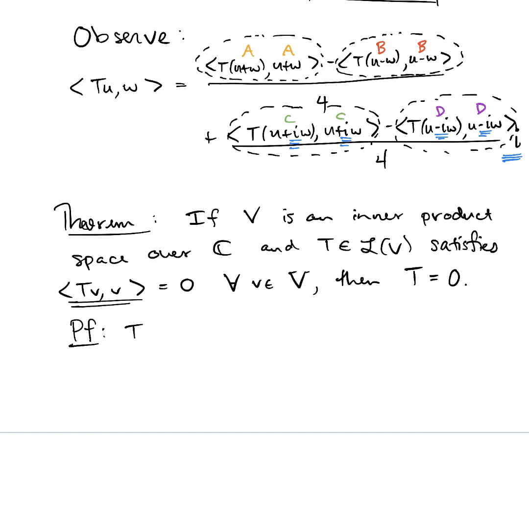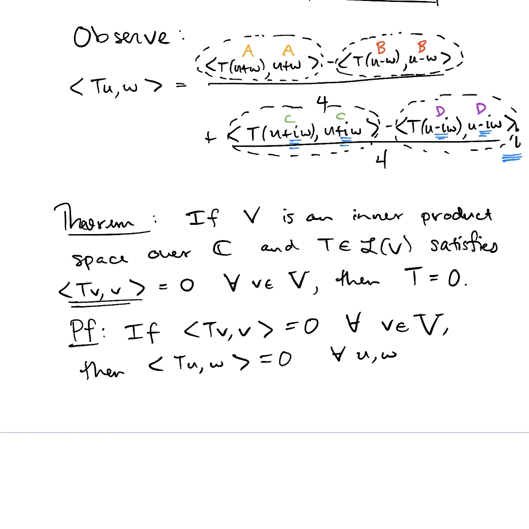So if TV inner product V equals 0 for every V in your inner product space, then TU inner product W equals 0 for all U and W in the inner product space, because that's the left-hand side of the expression above.